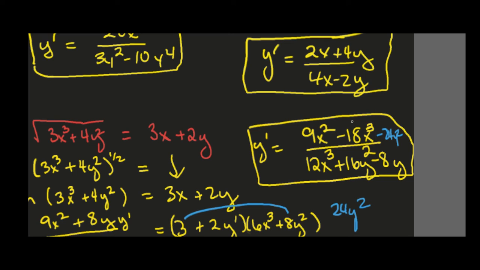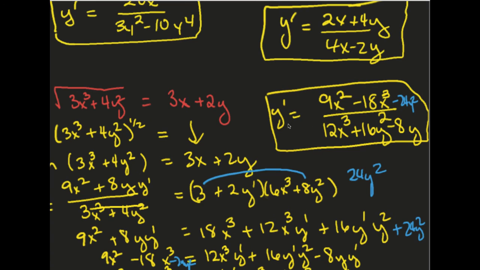Hopefully some of you were panicking and caught that. So this here would be your final answer of 9x squared minus 18x cubed minus that 24y squared I forgot about over that 12x cubed plus 16y squared minus 8y.